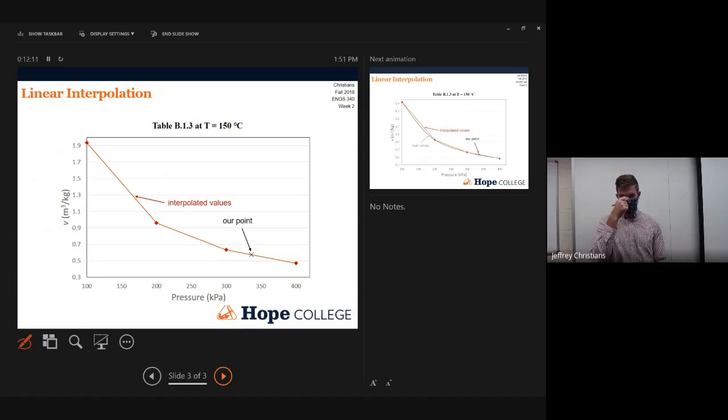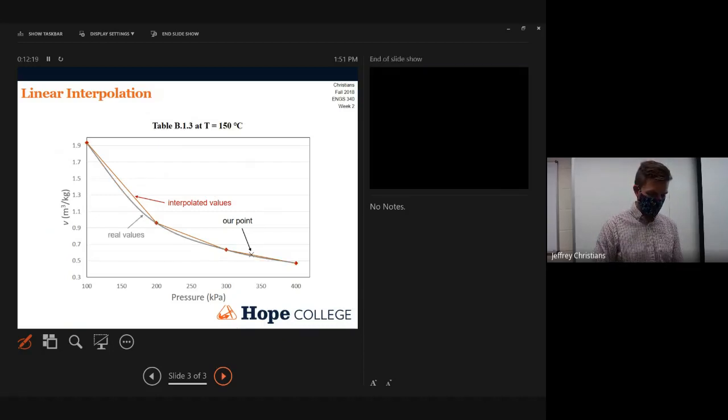When we're interpolating, what we're saying is that this is what the data looks like, right? We're just drawing straight lines between all of the data points. That's obviously not really what is happening, right? The data is really a curve. So depending on where we are, our interpolated values are always going to be different from the actual value at that temperature.